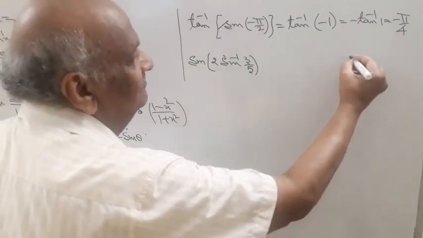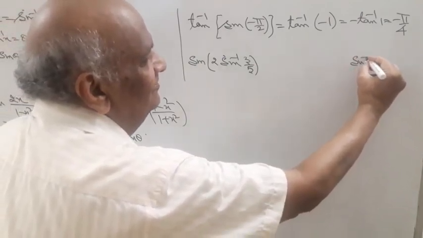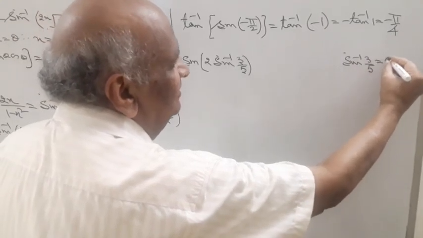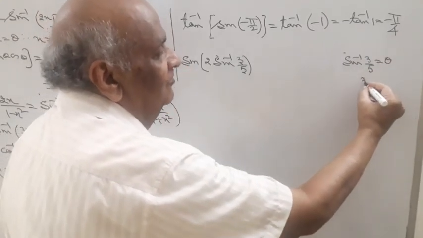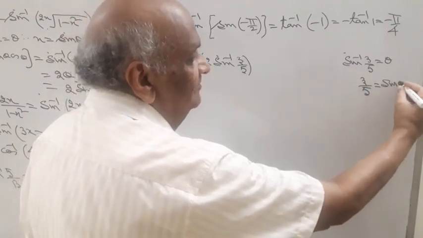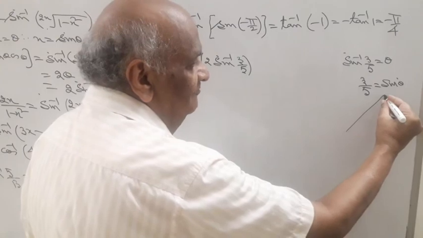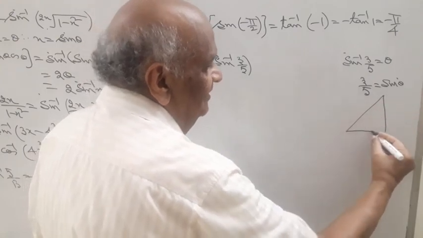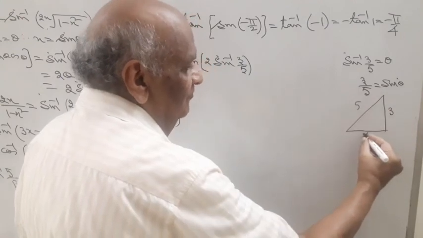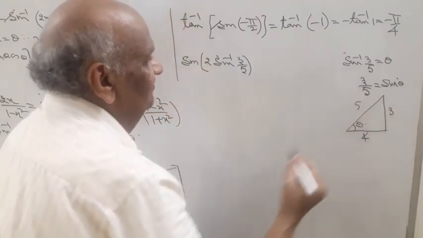What I do is, sine inverse 3 upon 5 is equal to theta. Therefore, 3 upon 5 is equal to sine theta. Draw a triangle as before. It is sine theta, 3, 5. It is 4. This is theta.